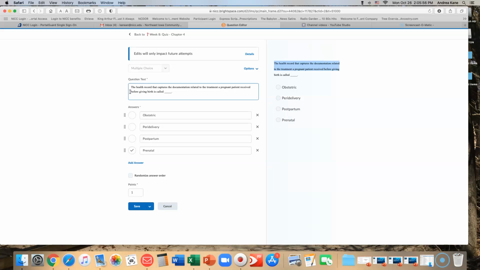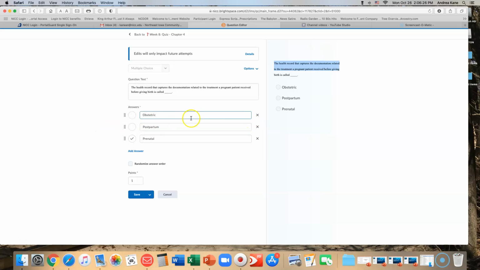If you think back to your medical terminology class, prenatal means before birth, and that's why this one is the right answer. But I'm willing to give you half credit since I had peri-delivery in there, and that could be difficult and challenging for someone. So I will take that out. Obstetric just means that she's pregnant. It doesn't mean any particular time. This said before giving birth, which is prenatal.